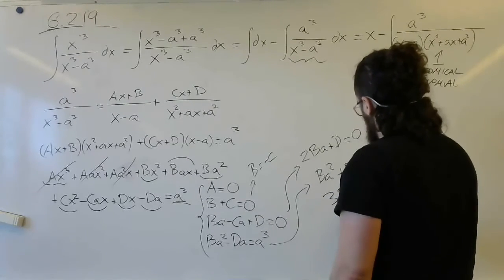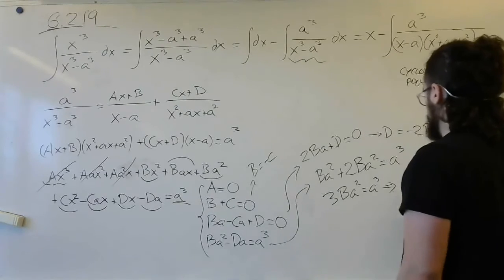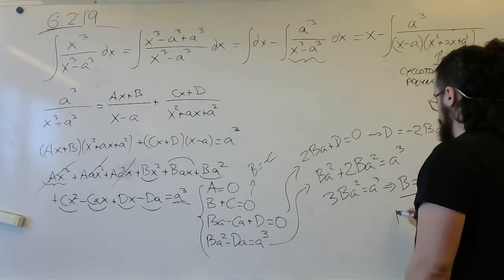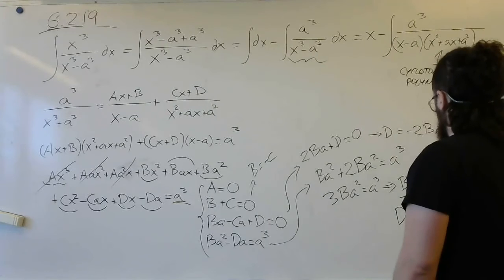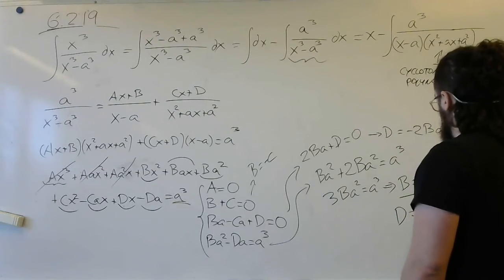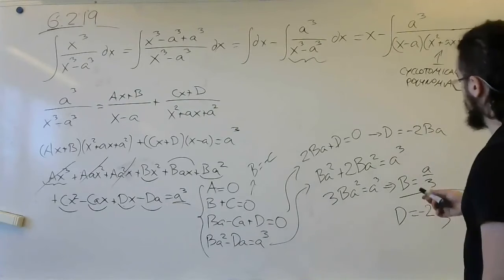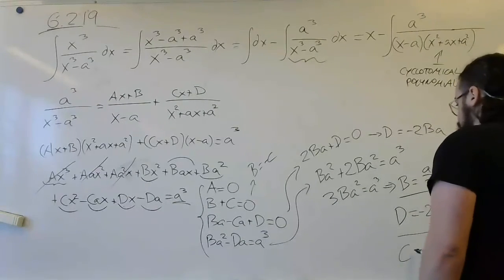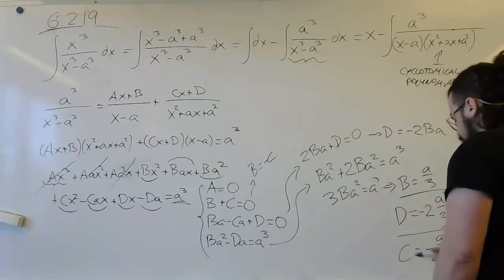With this we have 3ba squared is a cubed. So b is a thirds. From here, d is minus 2a squared divided by 3, minus 2, this thing times a, and c is minus b, so minus a thirds.